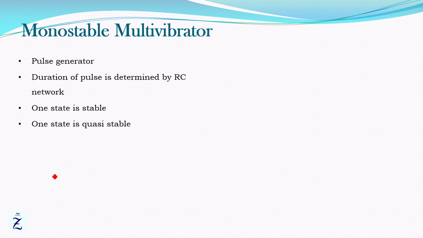In order to have a transition from stable state to quasi-stable state, an external trigger pulse is required. Here, a trigger input is required to be applied to pin number 2. Generally, a negative going pulse is used as a trigger.